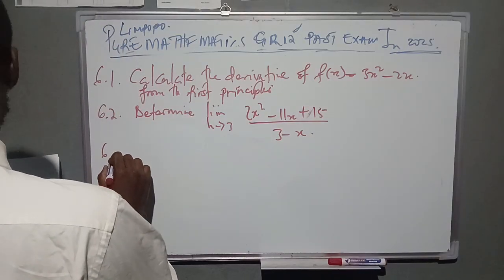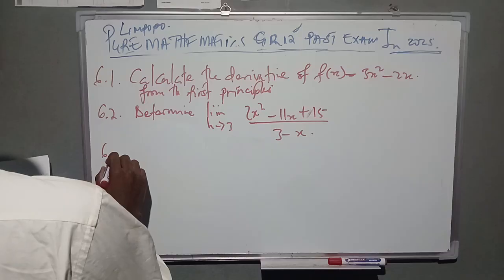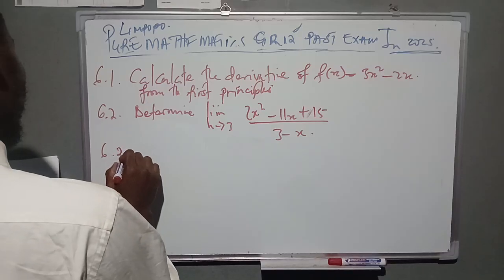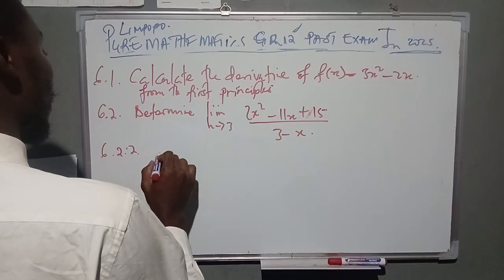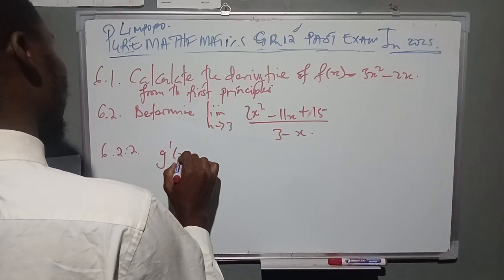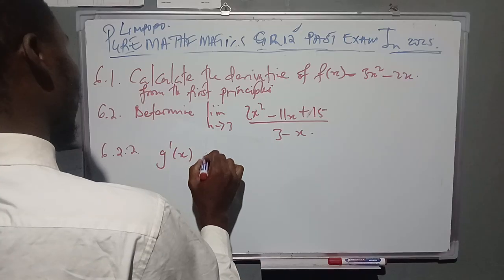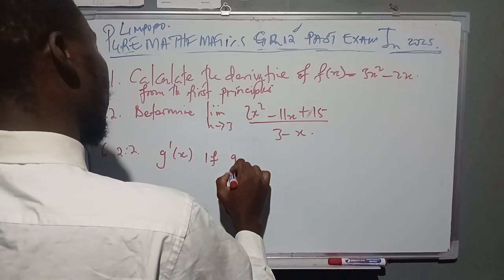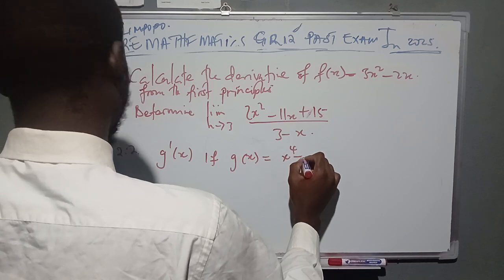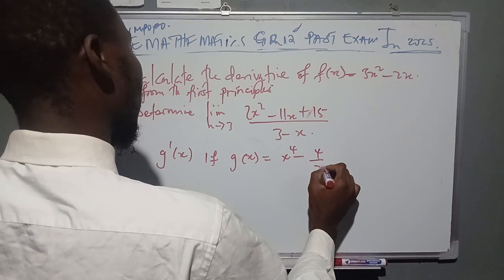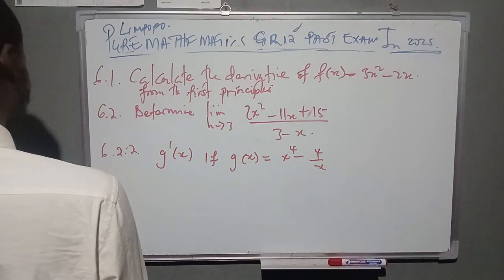Then 6.2.2, it was saying g prime x if g of x equals x to the power 4 minus 4 over x.